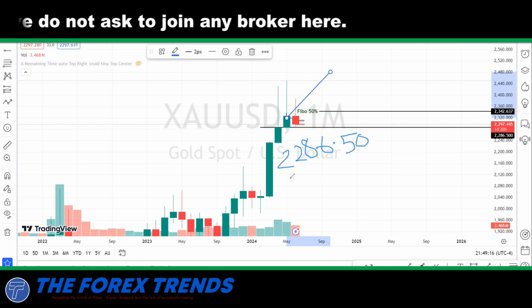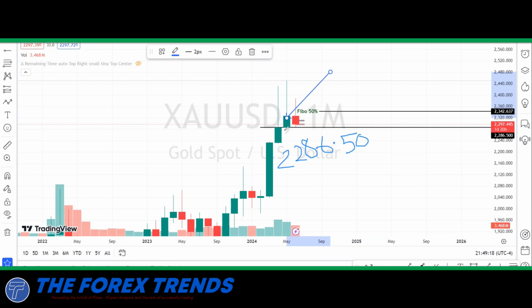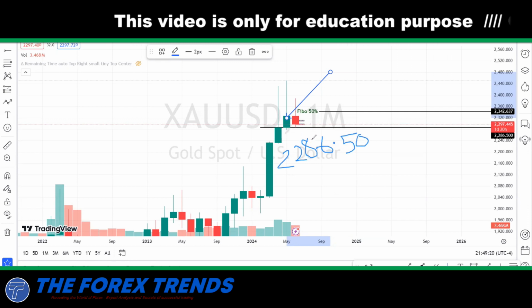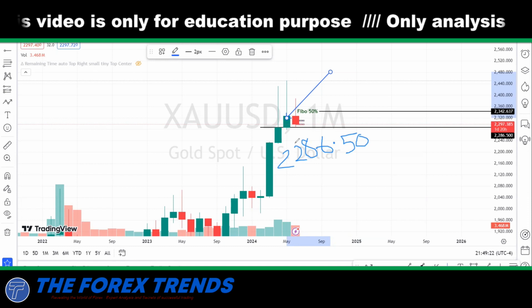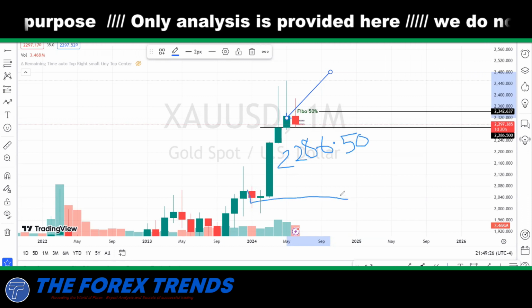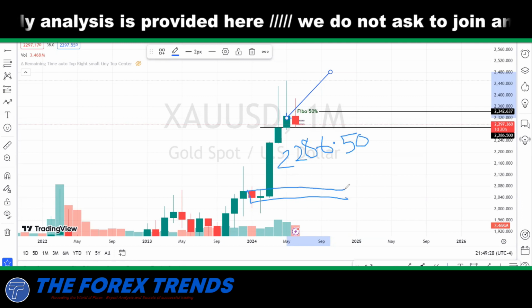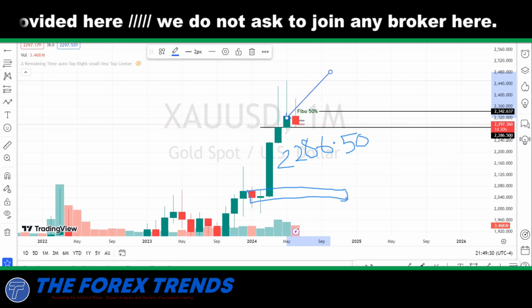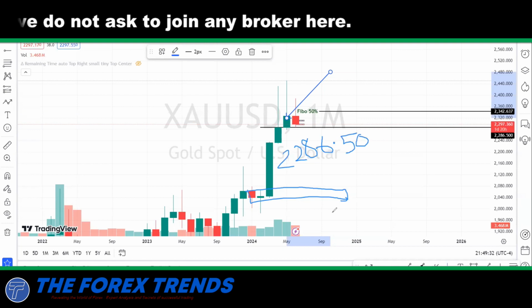If the market is able to break this support level, that is 2286.50, and close below this price this month, we may see good selling in gold in upcoming weeks or months, up to this level or below it. So be ready for that.